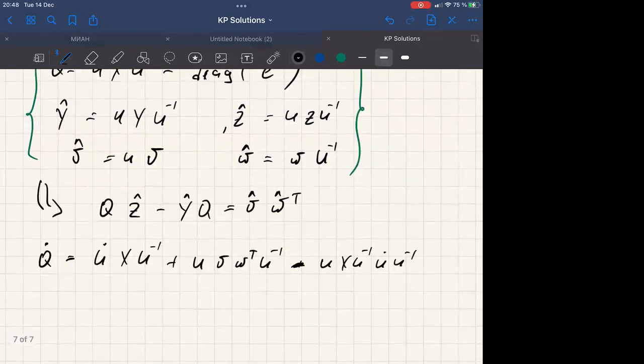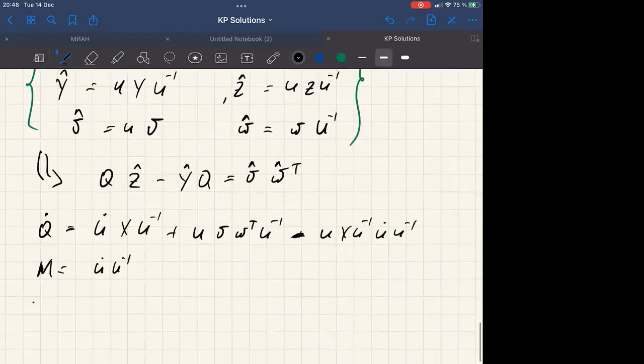Introducing m equals U dot U minus 1, we have that U dot equals mq plus v hat w hat transpose.